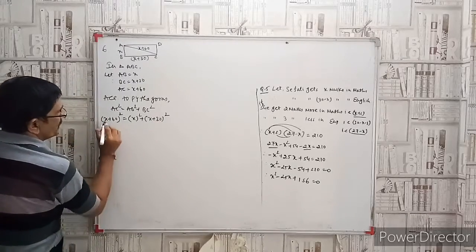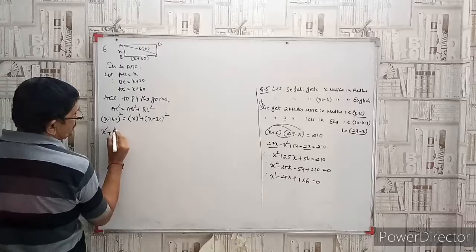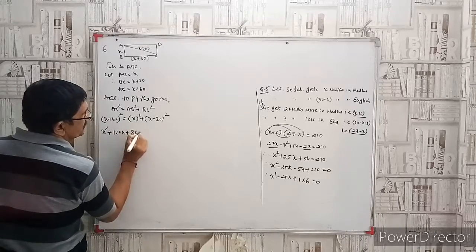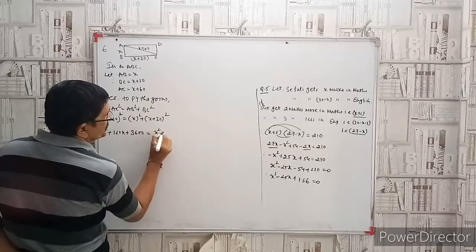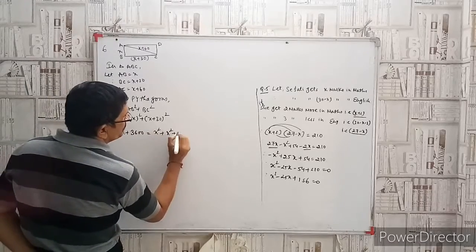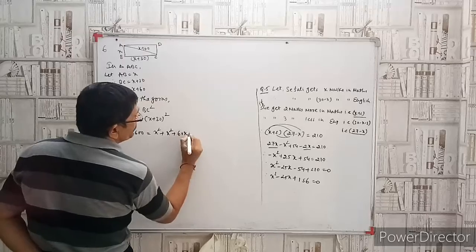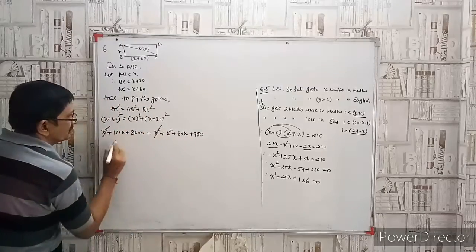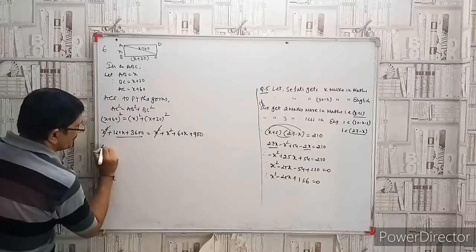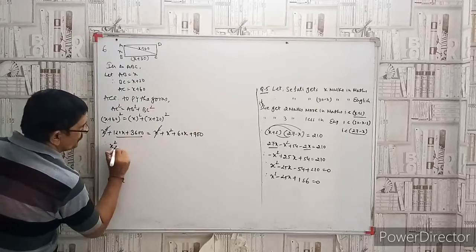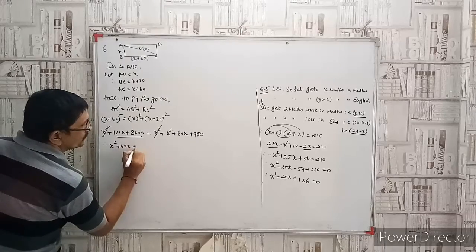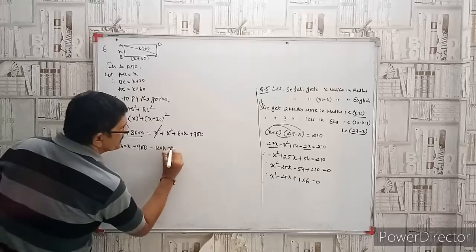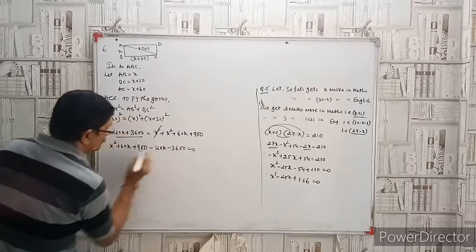This is x square, a square plus 2ab plus b square. So 2 times 60 is 120x plus 3600 is equal to x square plus x square plus 2 times 30 is 60x plus 900. One x square is cancelled. These two terms we have to shift on the right side. So it is x square plus 60x plus 900 minus 120x minus 3600 is equal to 0.